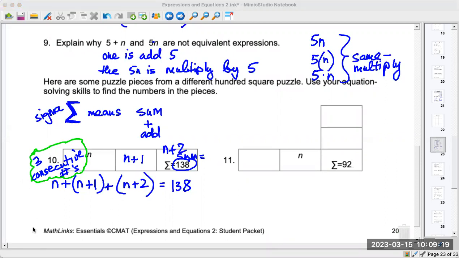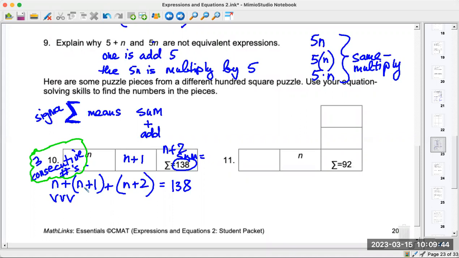So now we need to find these numbers. We need to figure out what's n, what's the next number, what's the third number to add up to 138. You can play a little puzzle and think what three numbers add up to 138 that are in a row. Consecutive means they're in a row. Or you can do the cups. Remember, we have three variables. So we have three cups.